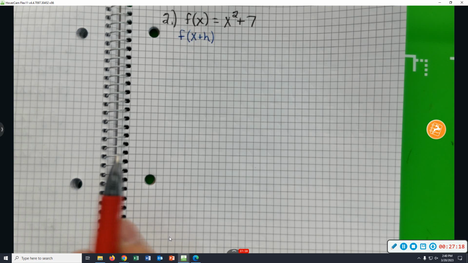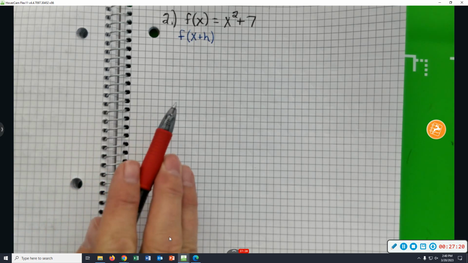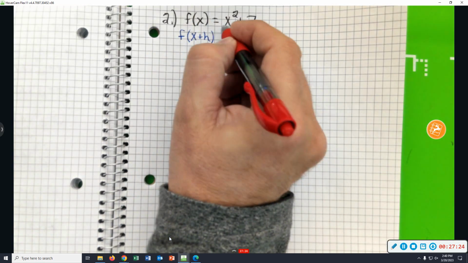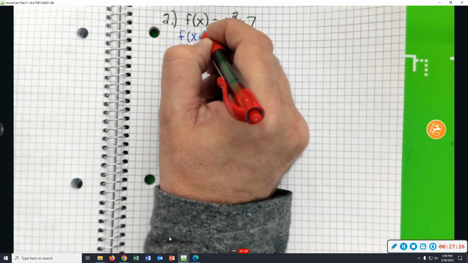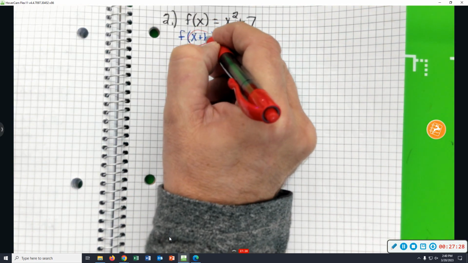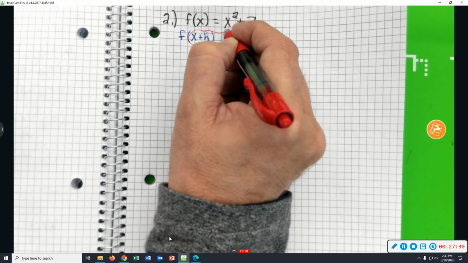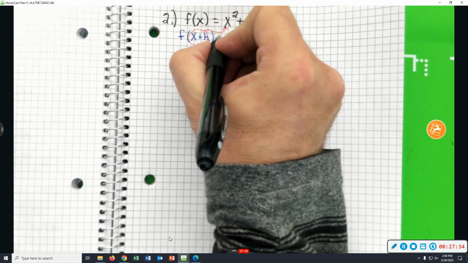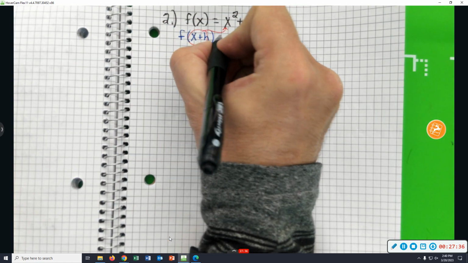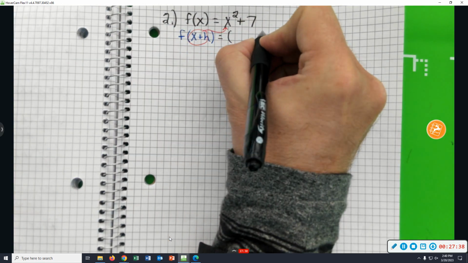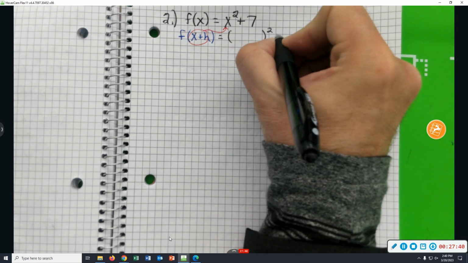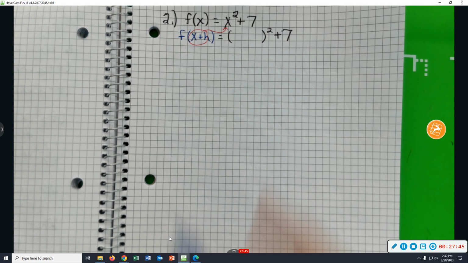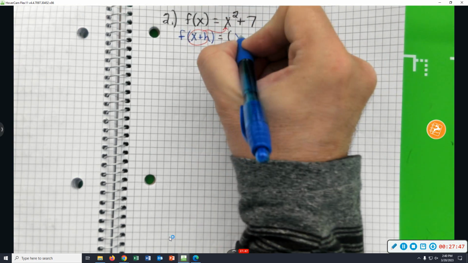Well, whatever's in the parentheses, you plug in for x. So that means that this black x here, I'm going to replace with an x plus h. In place of that black x, I'm putting an x plus h.